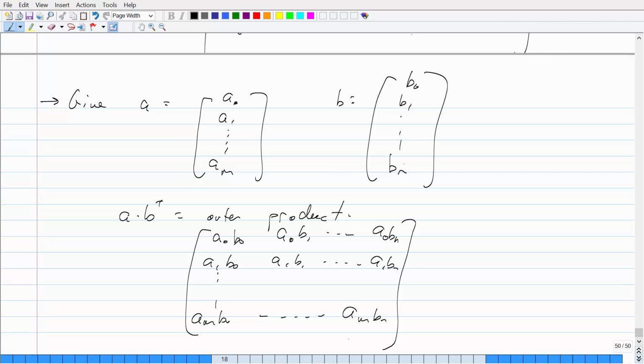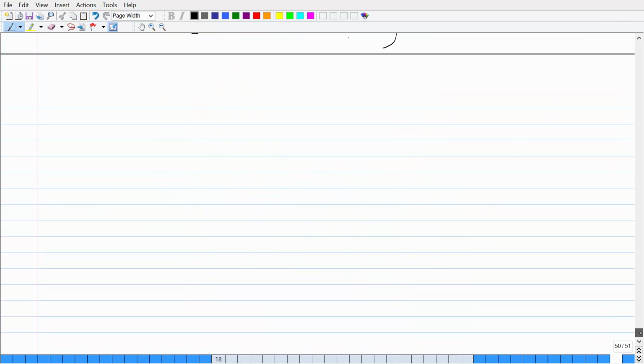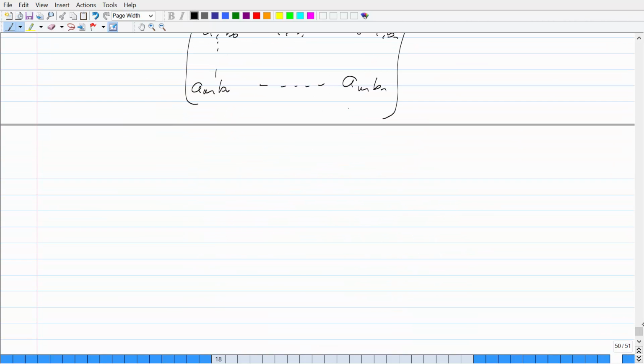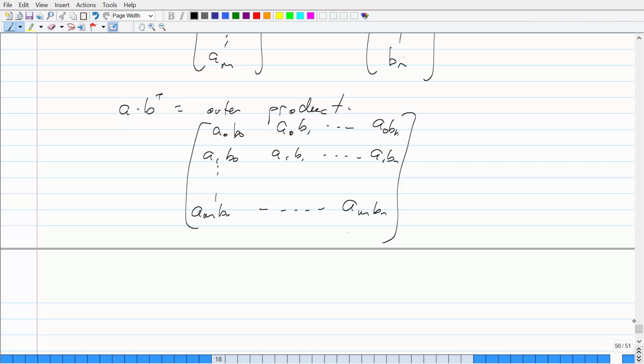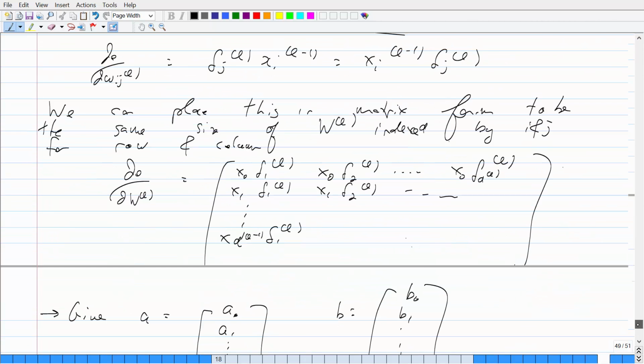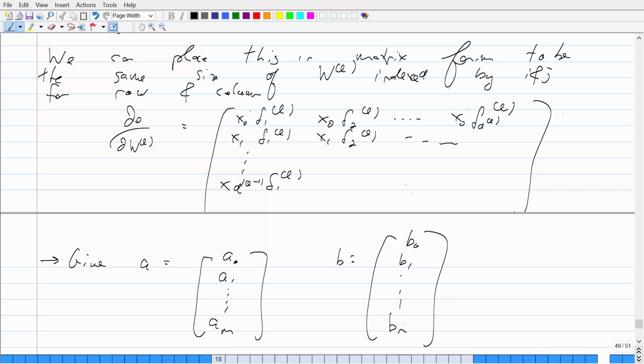I'm almost done. I've got a few minutes. If I represented the x vector and sensitivity vectors and did the outer product between these two vectors, you'll actually get exactly that matrix.